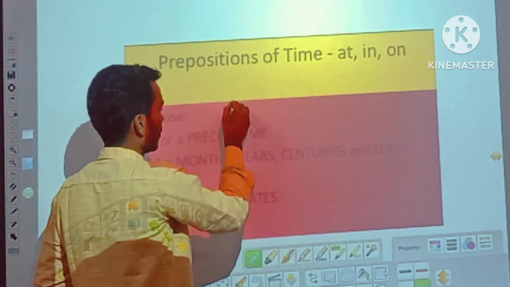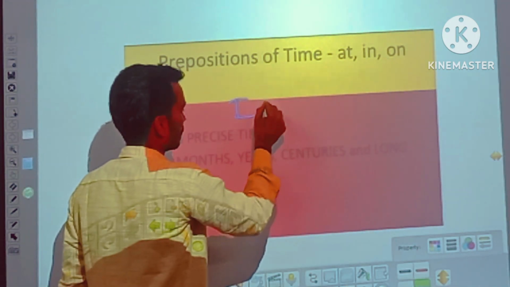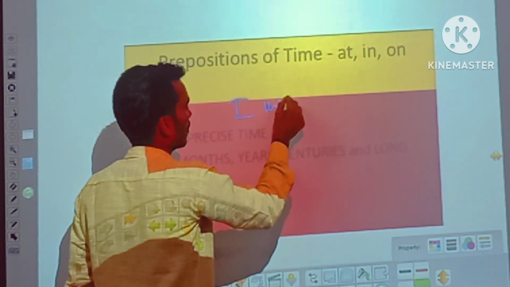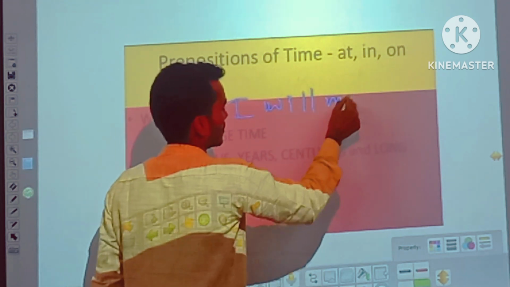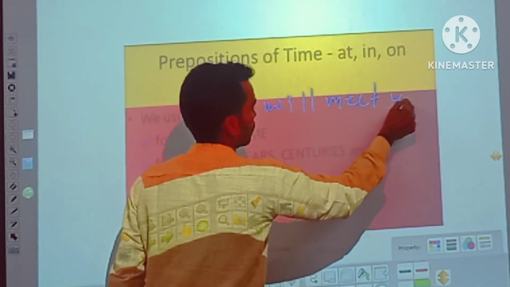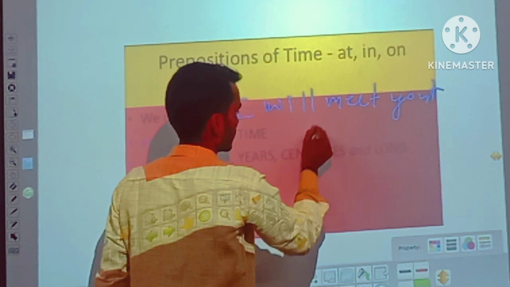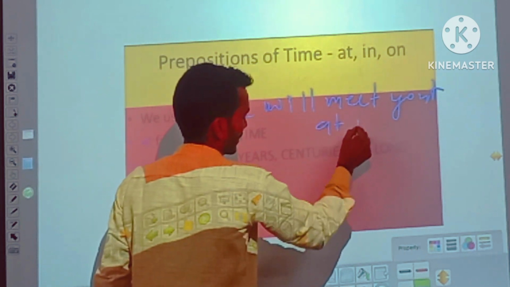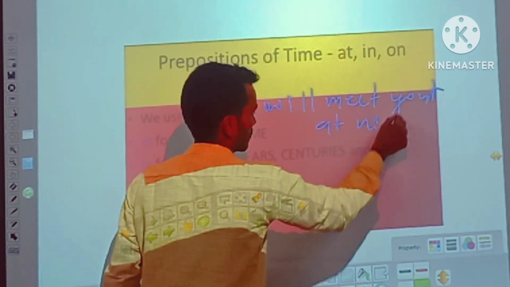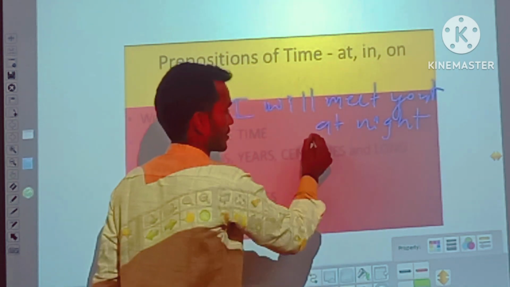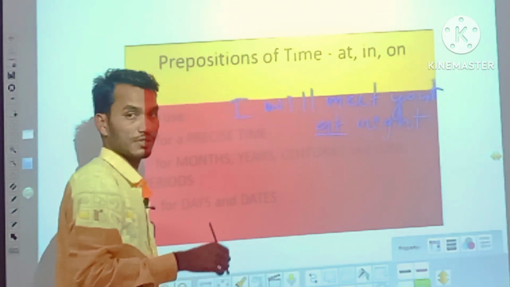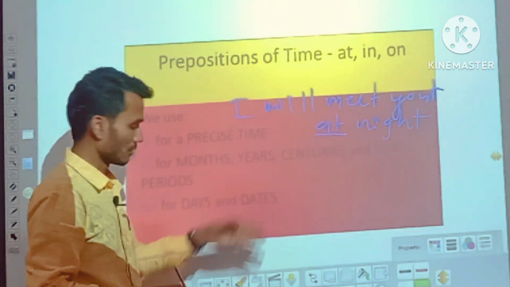So we also use at to tell the specific time. For example, I will meet you at night. Here, at night, a specific or precise time, right?